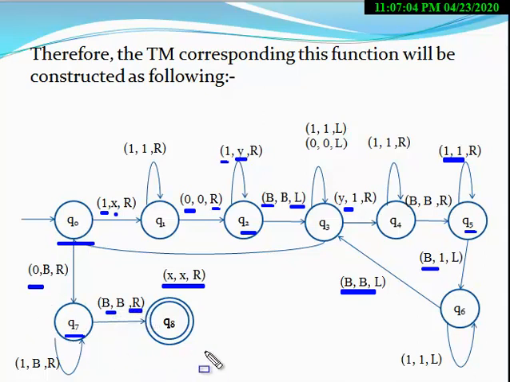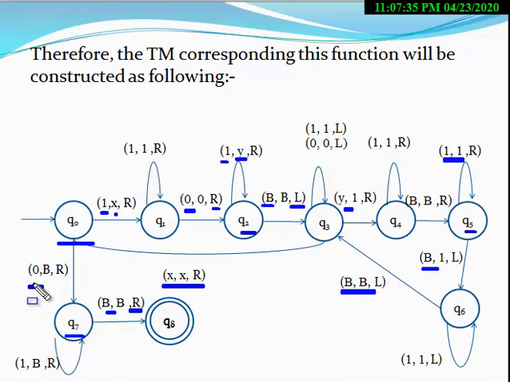So this path will be followed when the 0 tape symbol appears at the state Q0. 0 is converted to a blank and the machine moves in the right direction. After this, the machine only replaces the ones by blank symbols. As soon as a blank symbol appears, the machine goes to the final state.